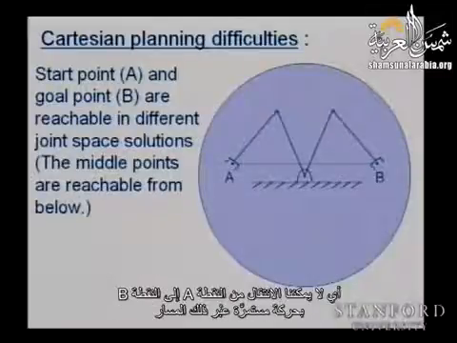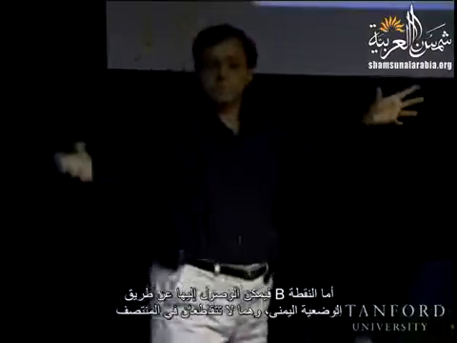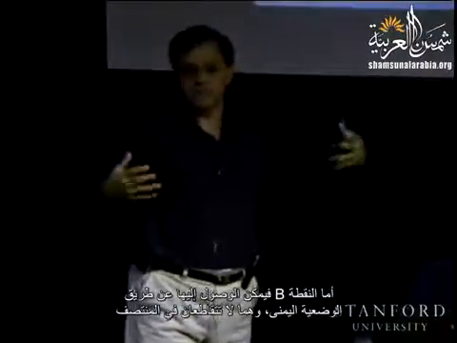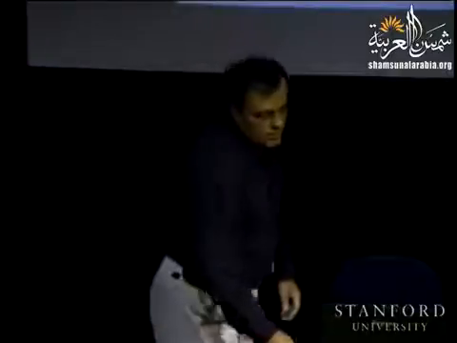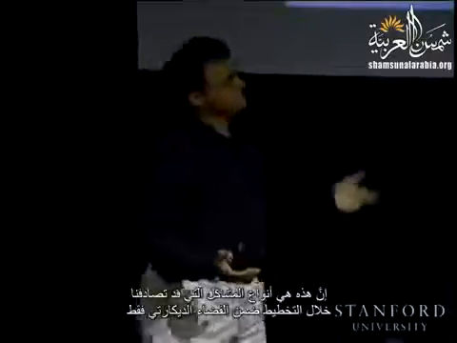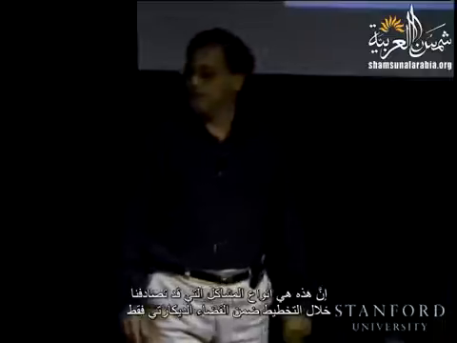So we cannot go from point A to point B in a continuous motion along that path, because point A is reachable from the left configuration, and point B is reachable from the right configuration, and they are not intersecting in the middle. This is the type of problem that we can encounter when we are planning in Cartesian space only.